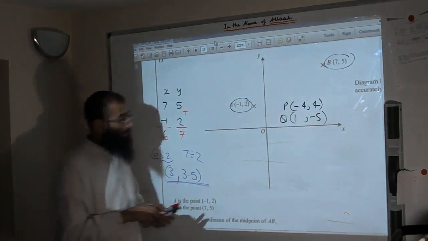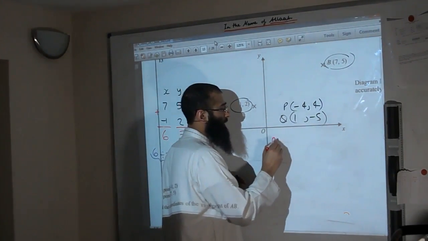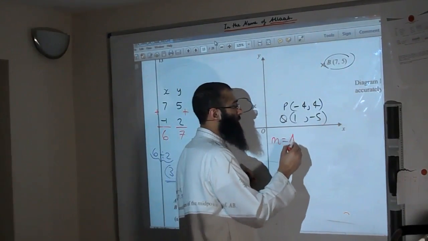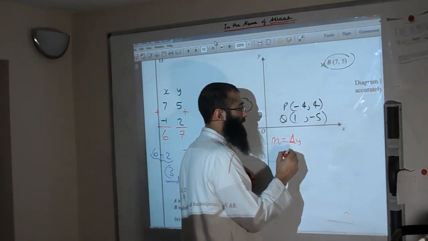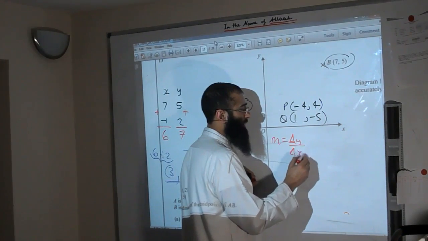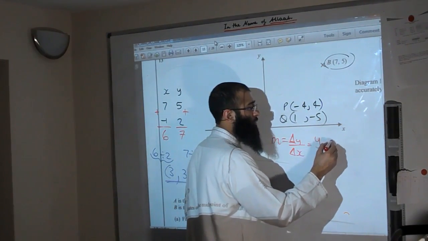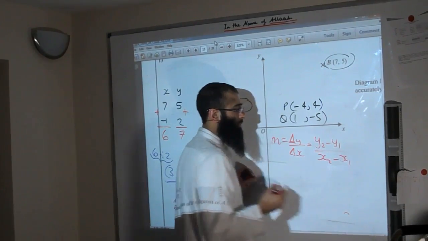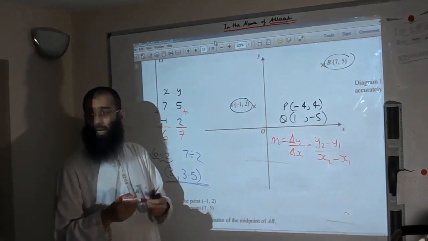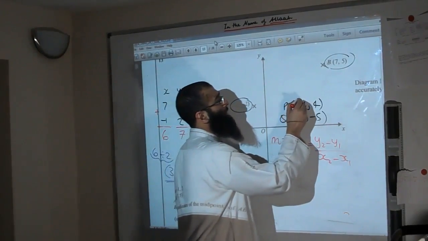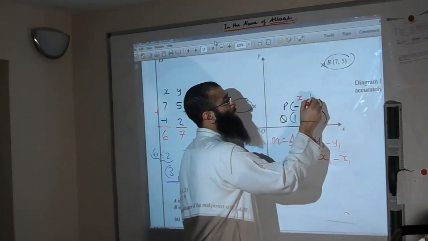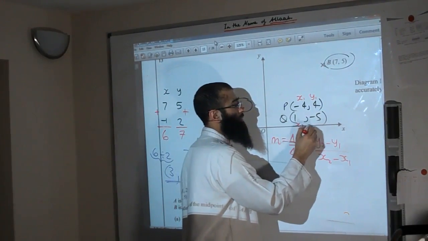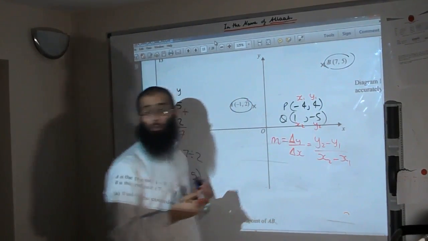Now you've got to work out the gradient. The gradient is called m. It's the difference in the y values divided by the difference in the x values. What we say is y2 minus y1 divided by x2 minus x1. We'll call this one x1, y1, and this is x2, y2.